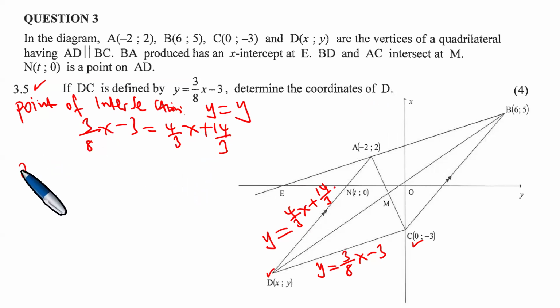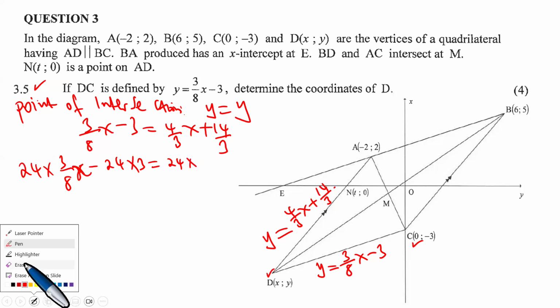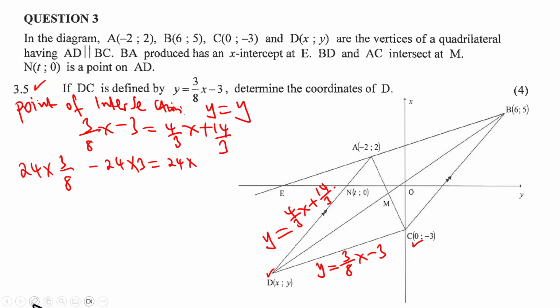We take 24 times 3/8 x minus 24 times 3, and this remains an x, and we have 24 times 4/3 x plus 24 times 14/3. So 8 goes how many times in 24? 3 times, and 3 by 3 is 9. That gives us exactly 9x.